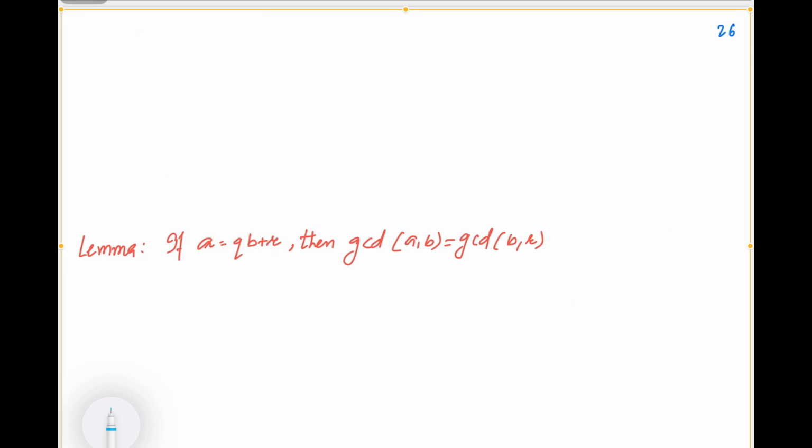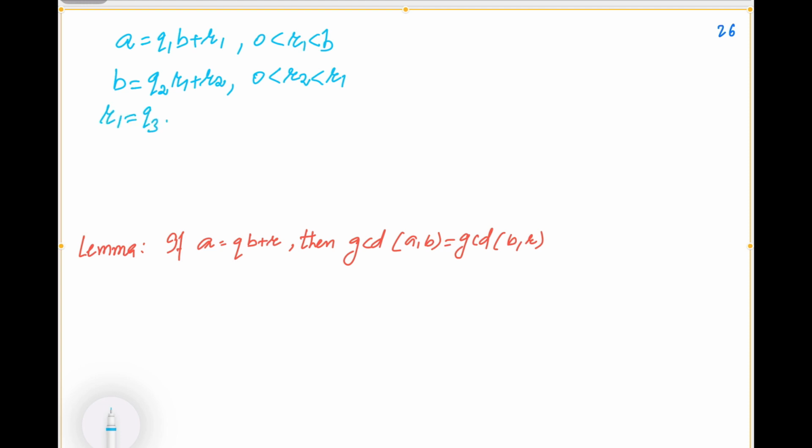The given system of equations becomes A equals Q1B plus R1 with R1 less than B. B equals Q2R1 plus R2, R2 lies between 0 and R1. R1 equals Q3R2 plus R3, R3 less than R2.